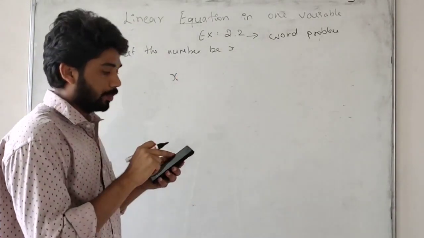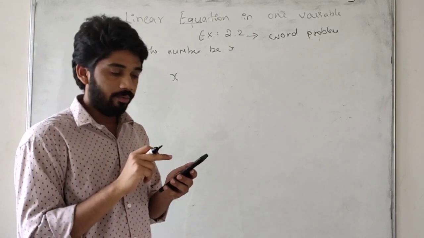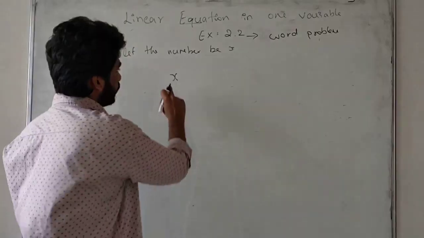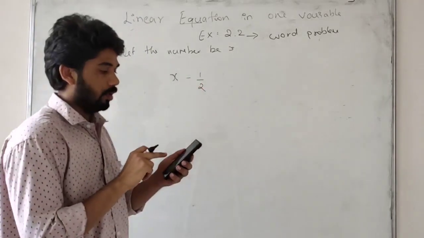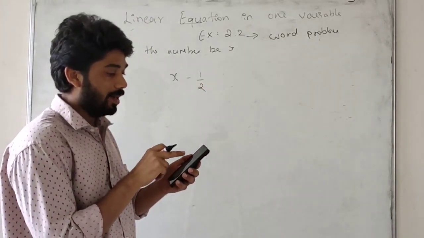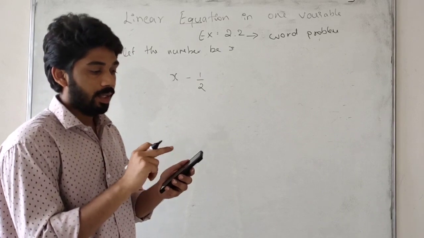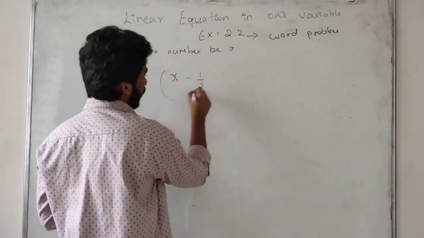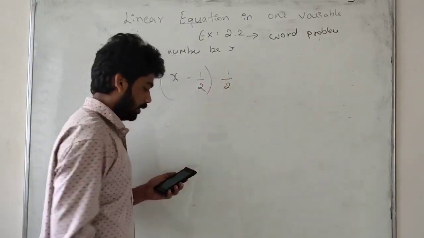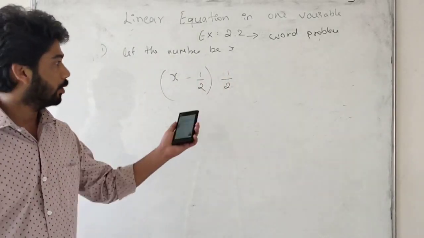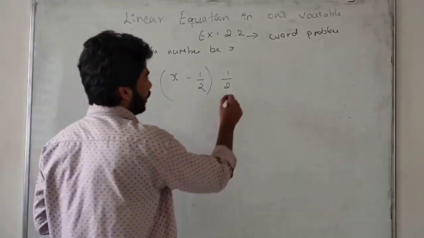If you subtract 1 by 2 from a number x, and this result is multiplied by 1 by 2, you get 1 by 8.